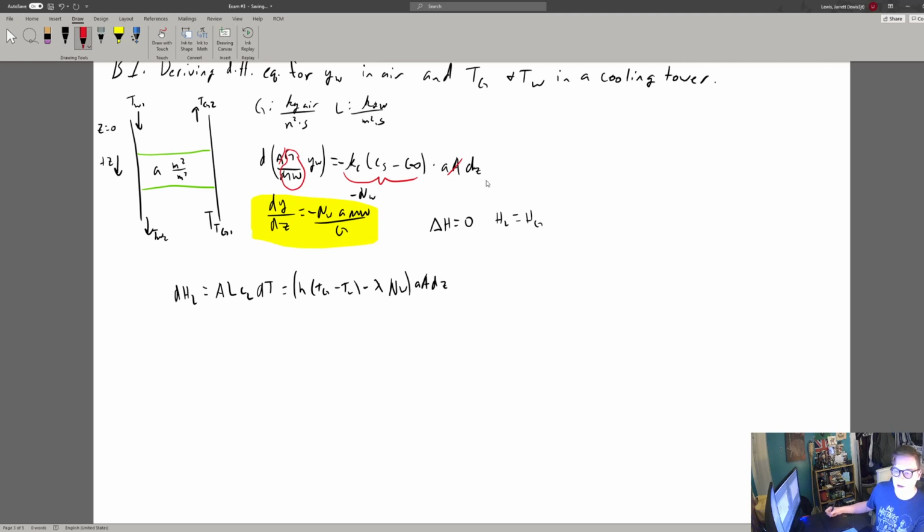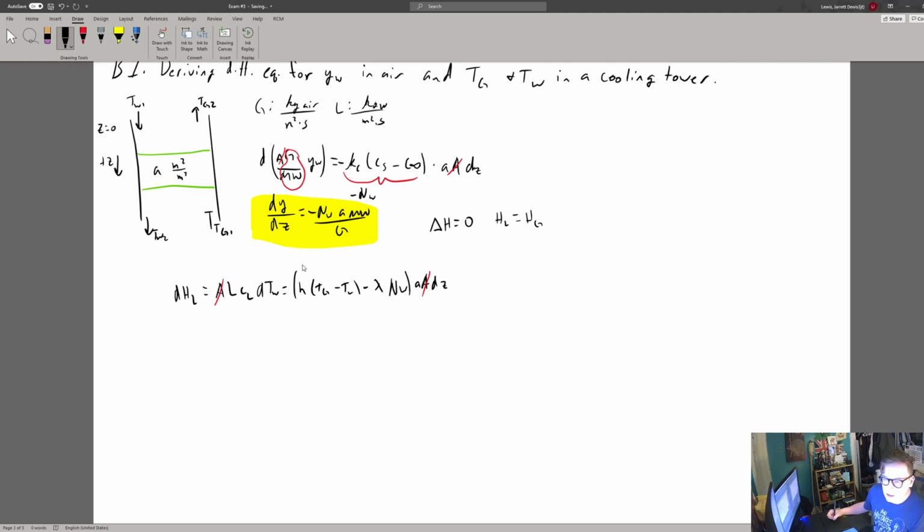And then if you look at this, you can see that the areas will cancel, and we can rearrange this a little bit, and that should be the temperature of the water. I believe, yeah, that should be the temperature of the water.